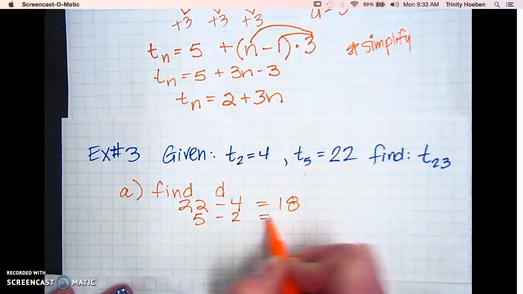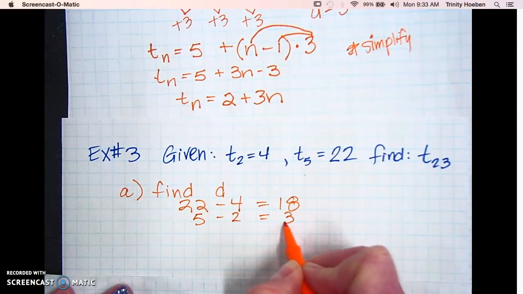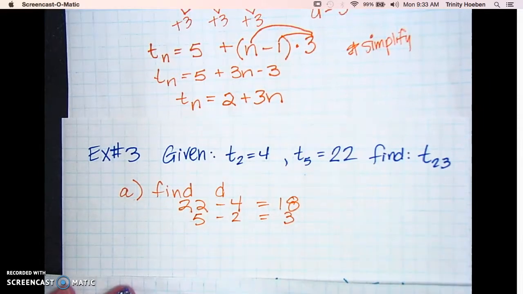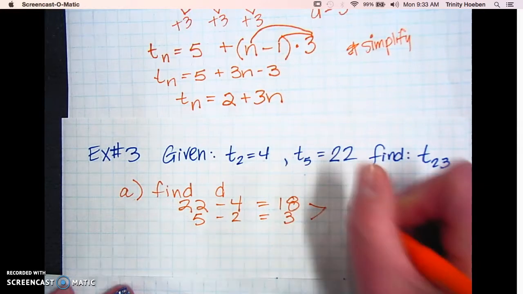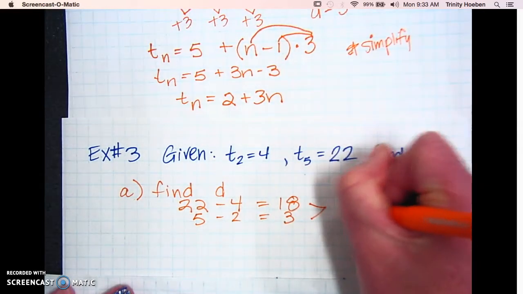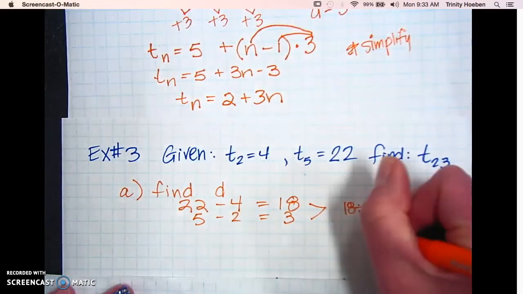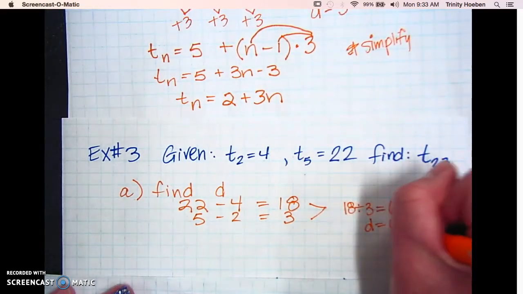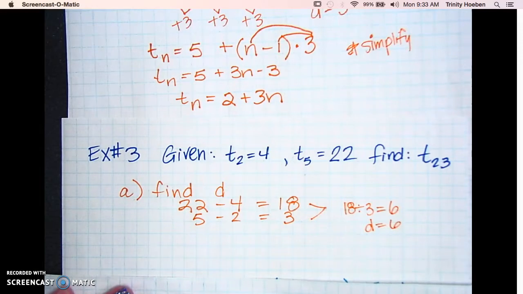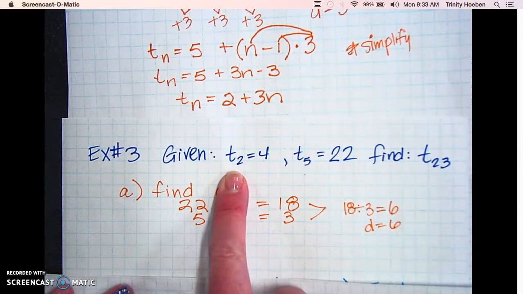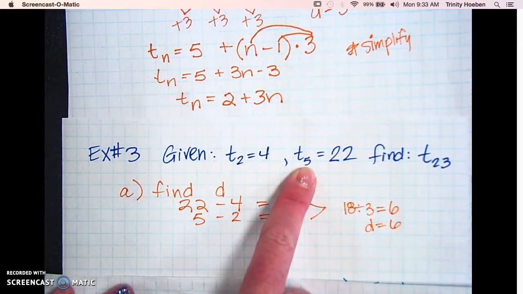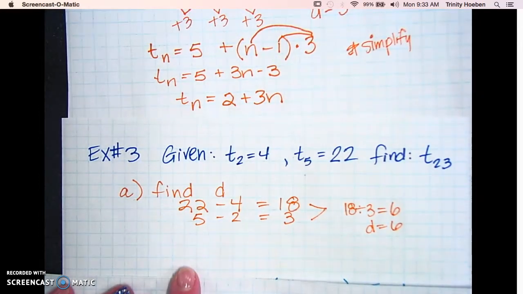That means 3 terms happen in between there. And then you need to take those two numbers and divide. So 18 divided by 3 is going to get you 6. So in this case, the difference is going to be 6. That means from T sub 2 to T sub 5, you're going to be adding 6 each time.